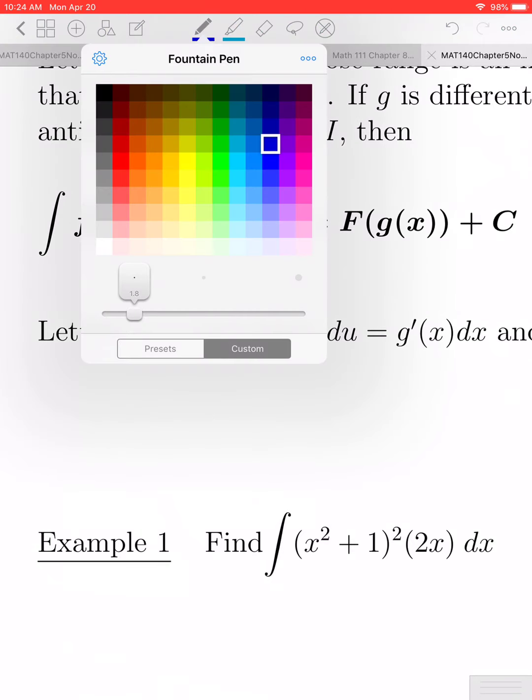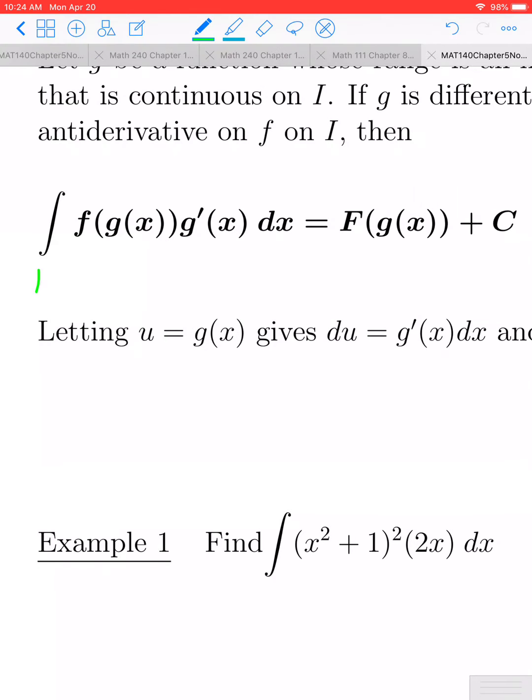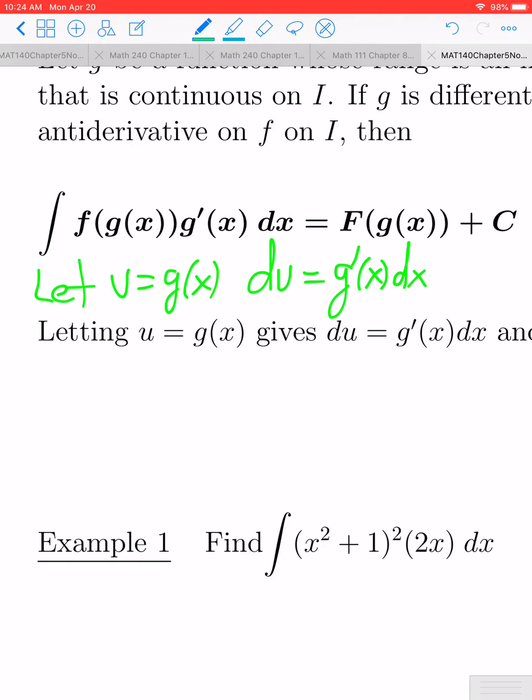I'm going to let u be equal to g of x. I can then take the differential of u: du is going to be equal to the derivative of g, g prime of x dx, and that will allow me to rewrite this integral as follows.